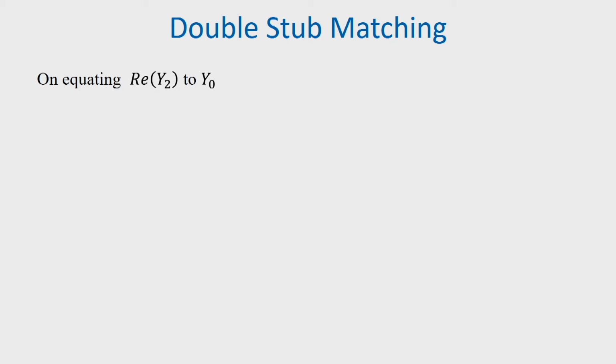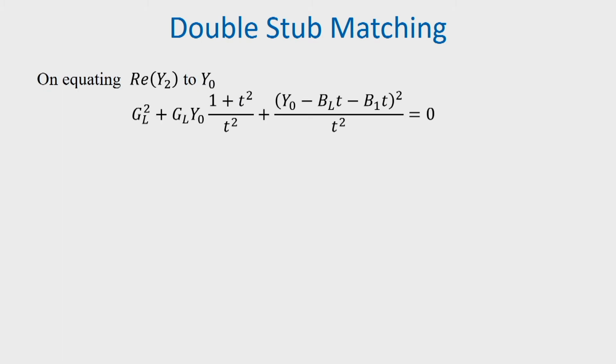Now we equate real part of Y2 with Y naught, and then we get an equation of this form.